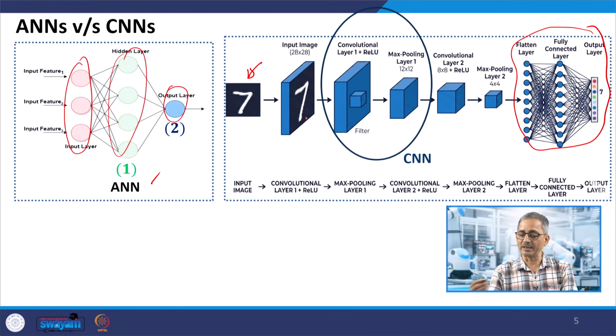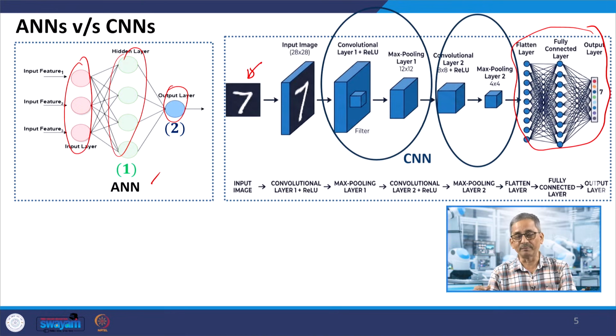Before it is passed to the ANN, the convolution and the max pooling operations are carried out. Here two such operations are carried out. After that, we have a flattening layer which converts this into 1D information, and then the rest of the things are the same as we have seen in case of the ANN.